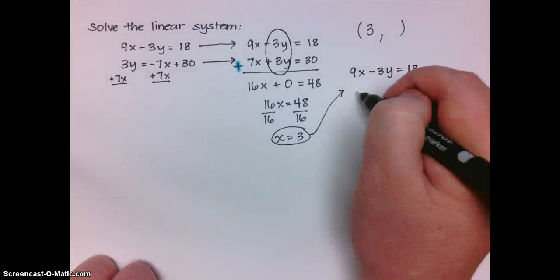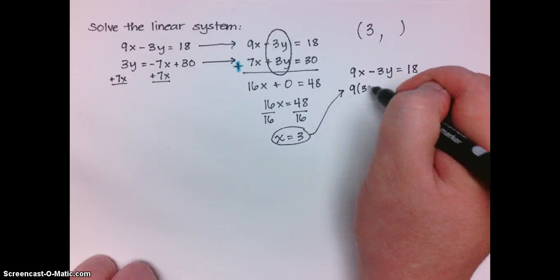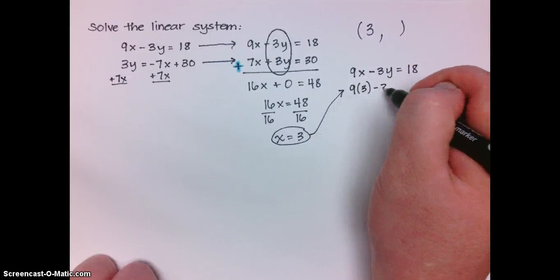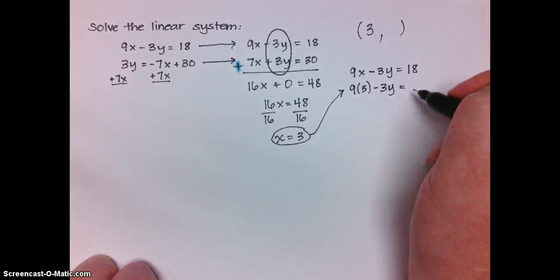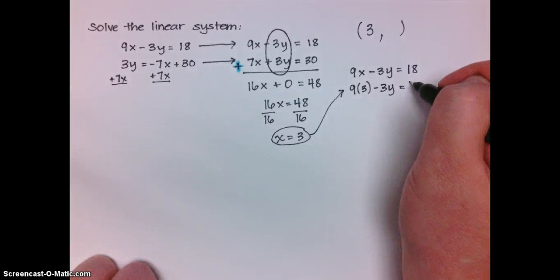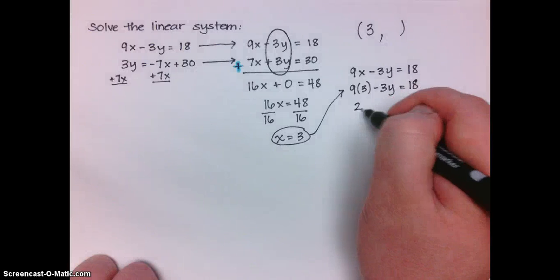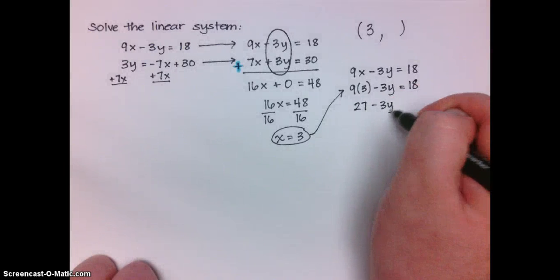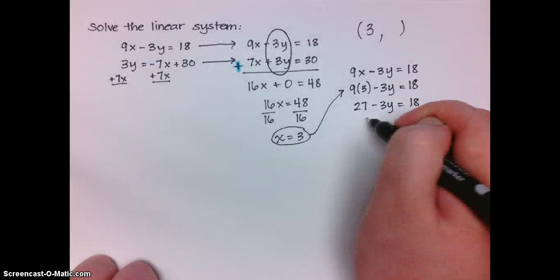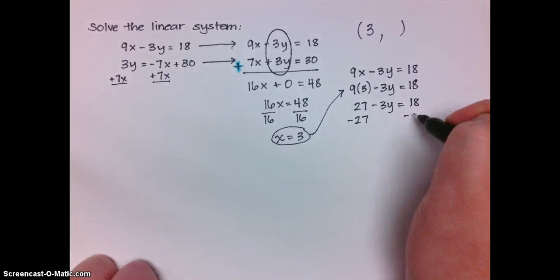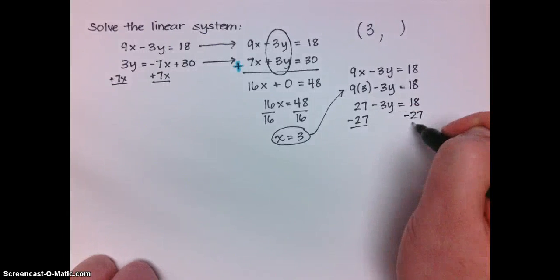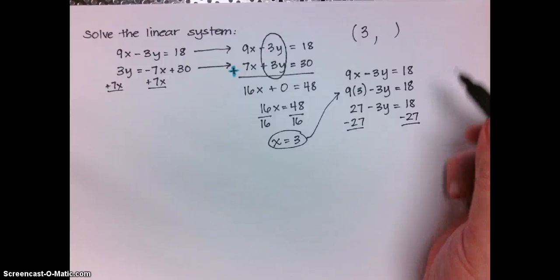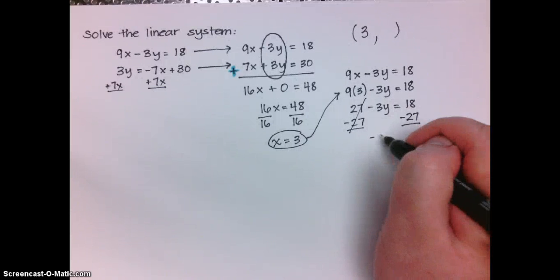Plug in my x value, which is 3. So I now have 9 times 3 minus 3y is equal to 18. This is 27 minus 3y is equal to 18. Subtract 27 on both sides because I want the y by itself. I'm left with negative 3y.